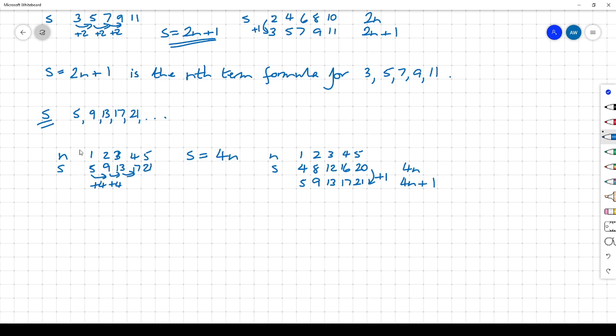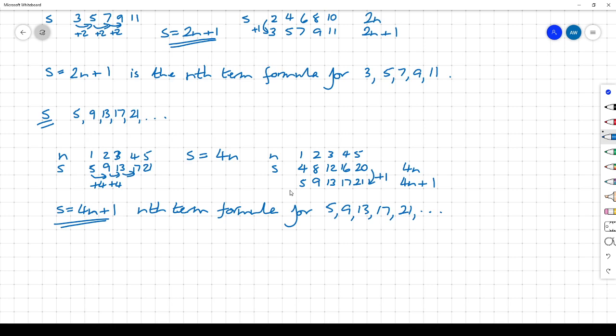So the formula that makes our sequence for this question is s equals 4n plus 1. And that's the nth term formula.